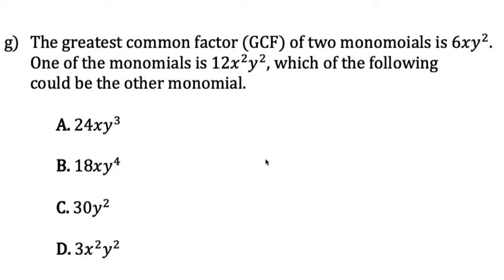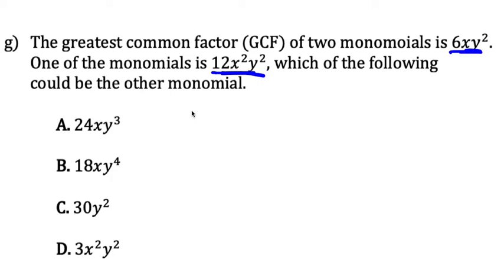G is a kind of different problem where you're given that one of the monomials is 12, and 6xy squared is the GCF, so you're asked for the other monomial.